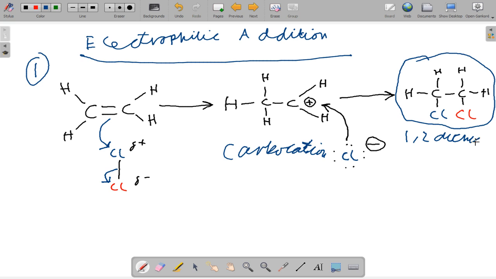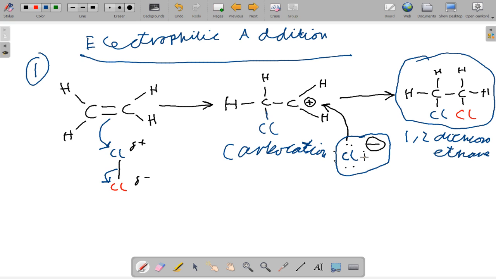I know it sounds a bit odd, and this will then become 1,2-dichloroethane, because it's an alkane. So once the two have reacted, I'm sorry, that is not an H, that is a Cl there, as one of the chlorine atoms is bonded due to the first step. They're bonded to that carbon atom, and the carbocation forms, and then the electron pair moving from there to there forms that ion.